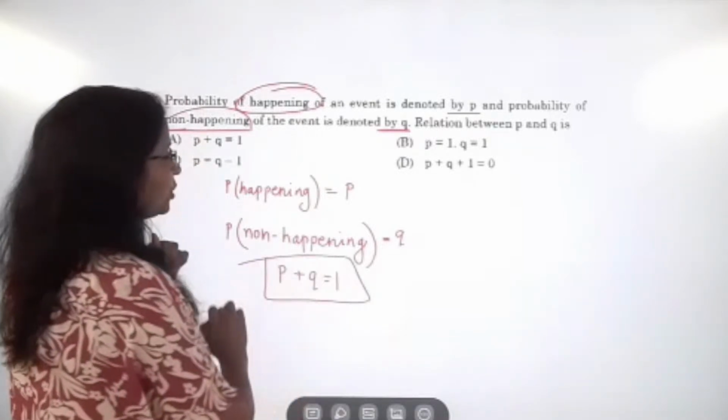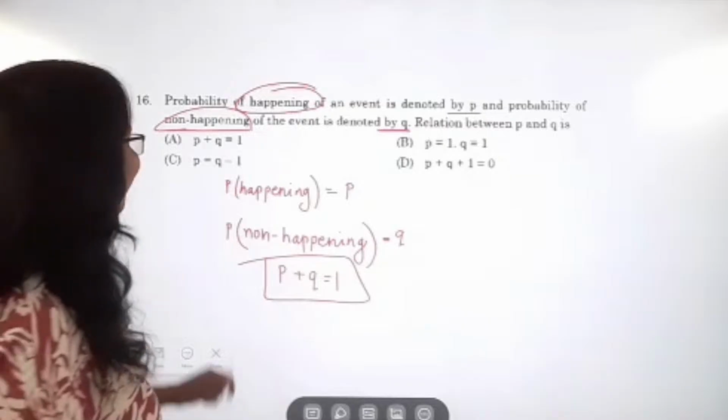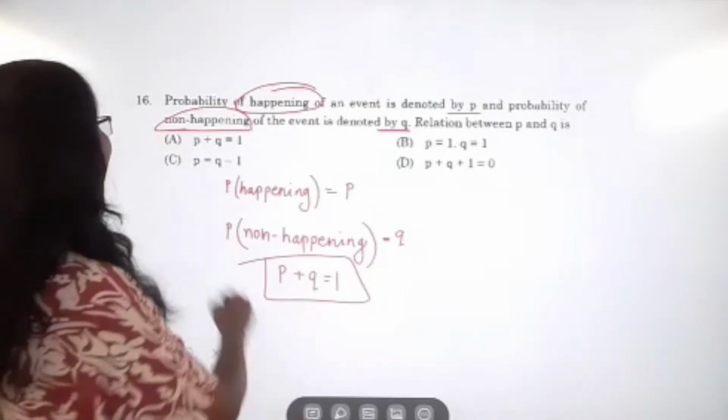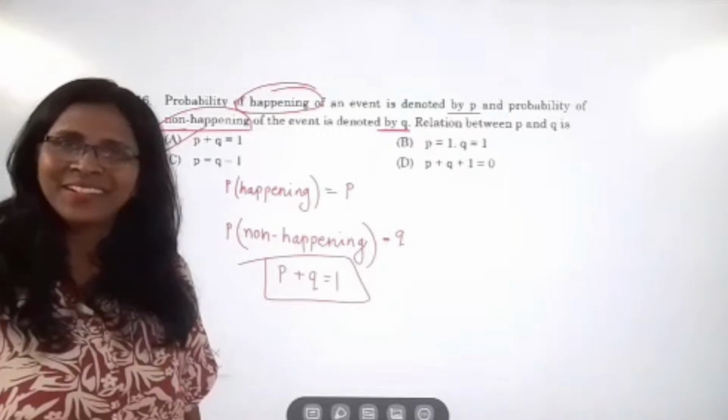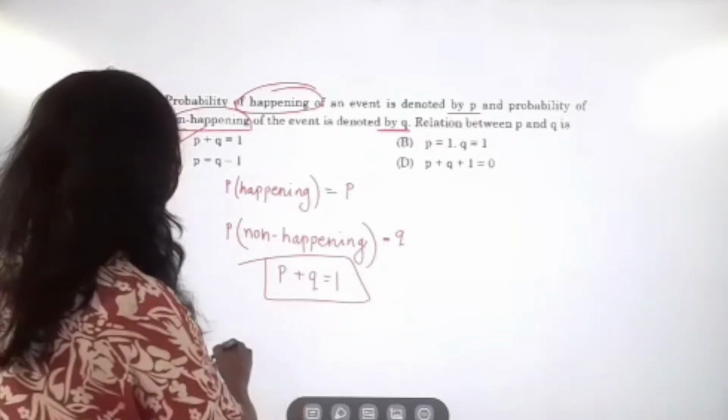This is the relation between them. So the correct option is A, P plus Q is equal to 1. Very easy example.